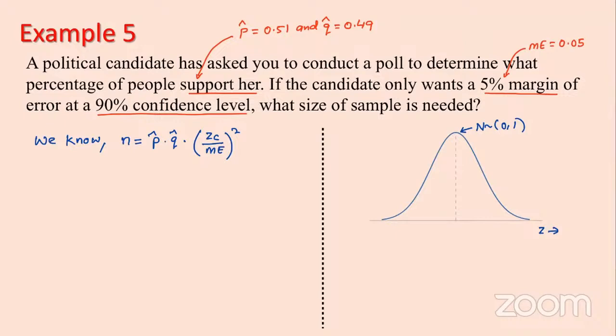Now, because we want the political candidate to be supported, we want what percent should be the minimum, right? So that's how it is proportion. Make sense? Okay, good. Now let's show that 90% area in the middle, which is this one, 0.90.